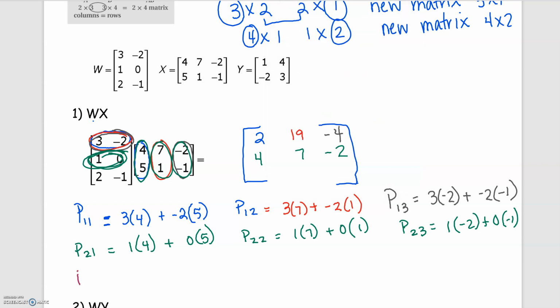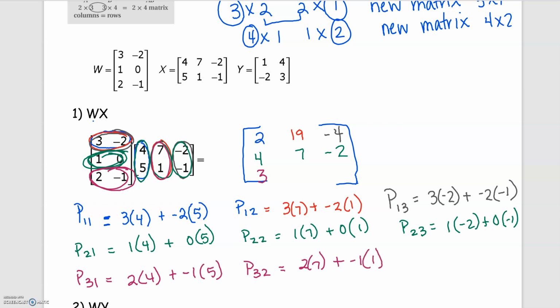Okay, and then do that third one in pink. So third row, first column is going to be 2 times 4 plus negative 1 times 5, and that's 8 and negative 5, so 3. And then third row, second column, 2 and 7, and negative 1 and 1.